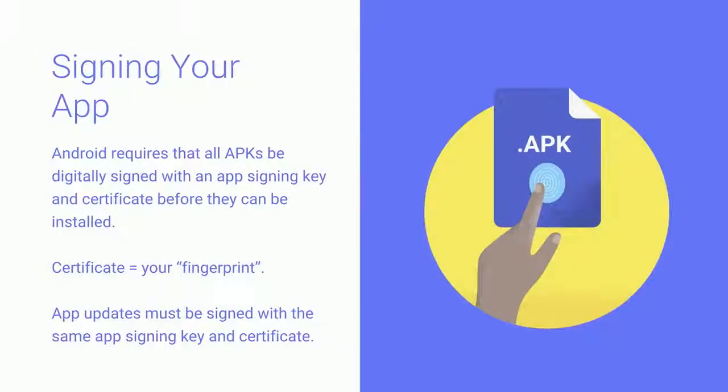The certificate serves as a fingerprint, which uniquely associates your APK with you and your corresponding private app signing key. This helps Android ensure that any future updates to your APK are authentic and come from the original author. You must use the same app signing key and certificate throughout the lifetime of your app in order for users to be able to install new versions of your app.